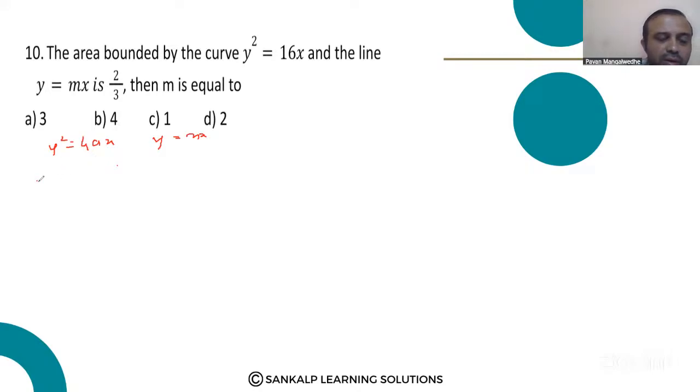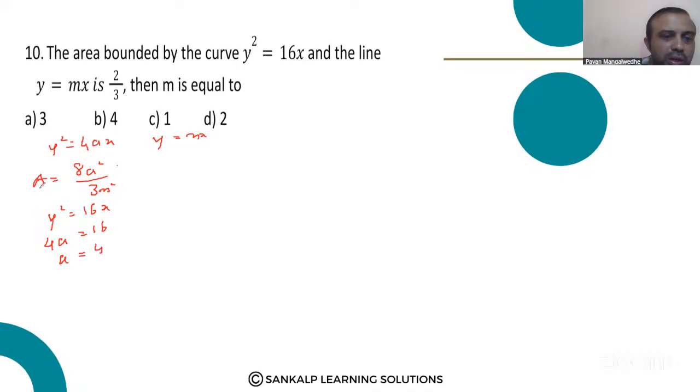Applying the formula, the area A is 8a square upon 3m square. So y square is equal to 16x. So 4a is 16, so a is equal to 4.